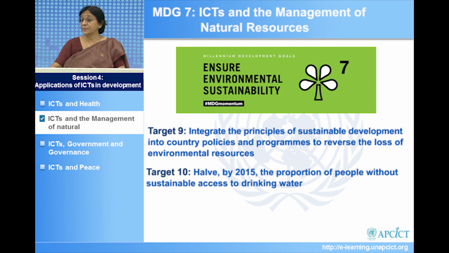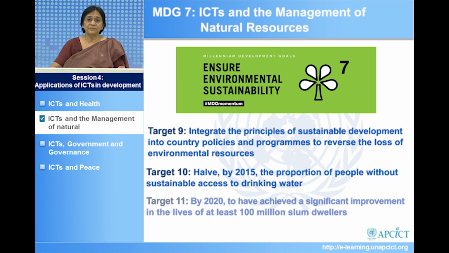Target 10 talks about reducing the number of people without sustainable access to safe drinking water, and Target 11 to reduce and improve the lives of people living in urban slums.